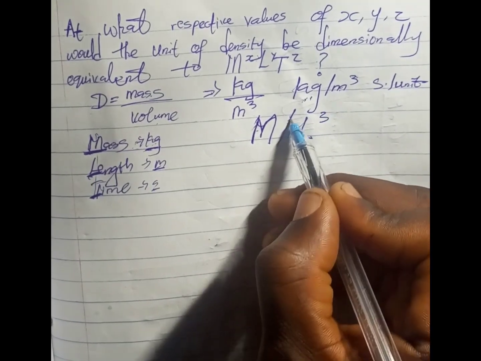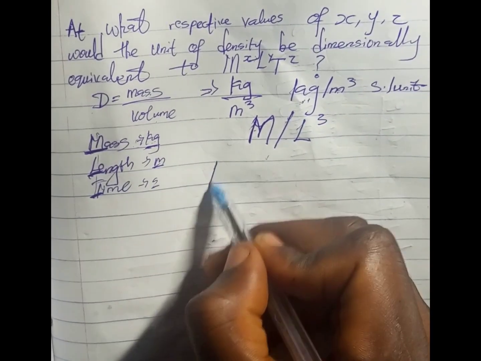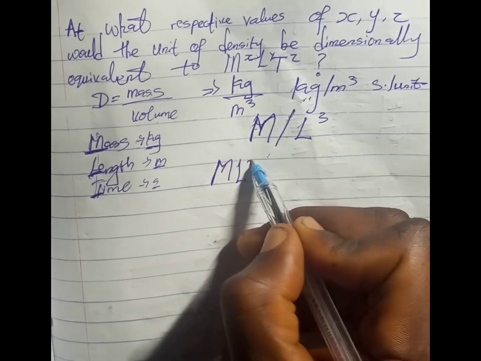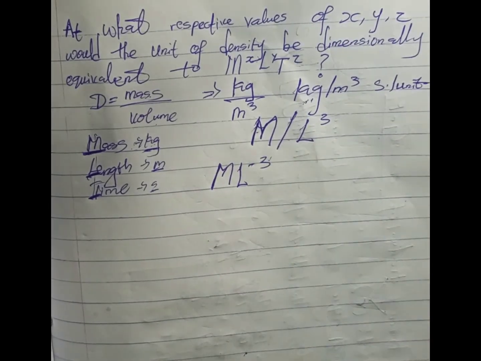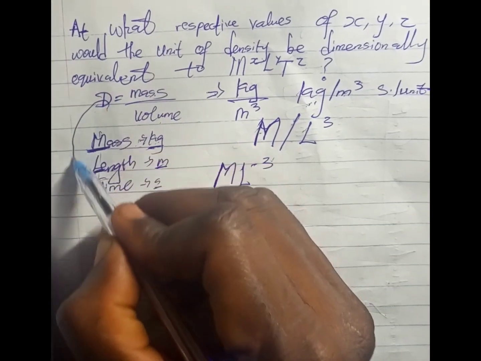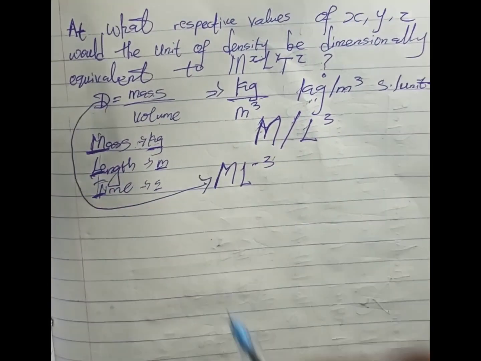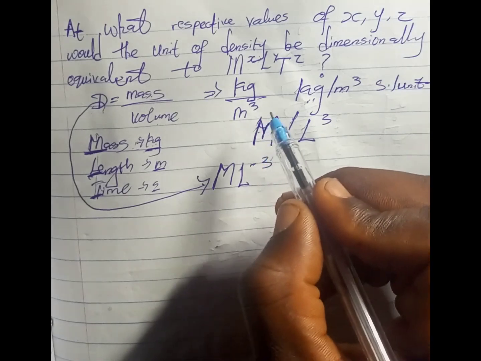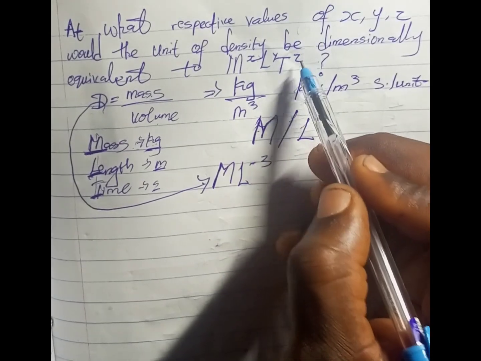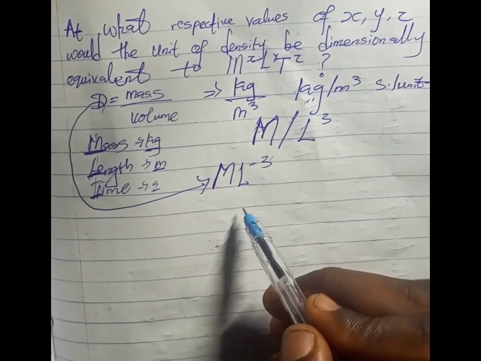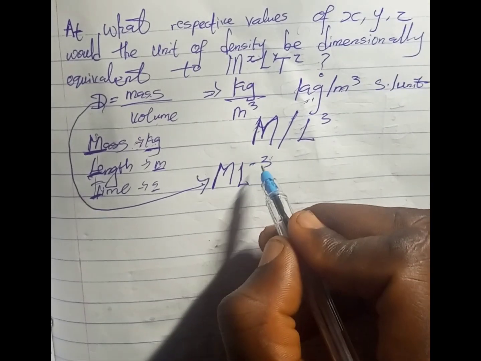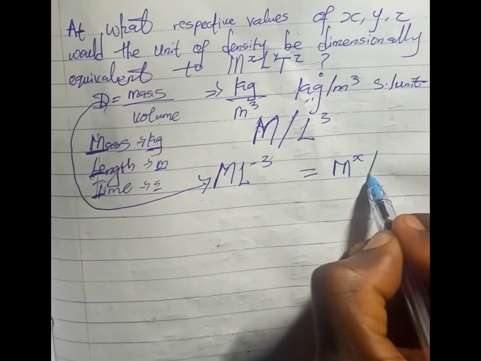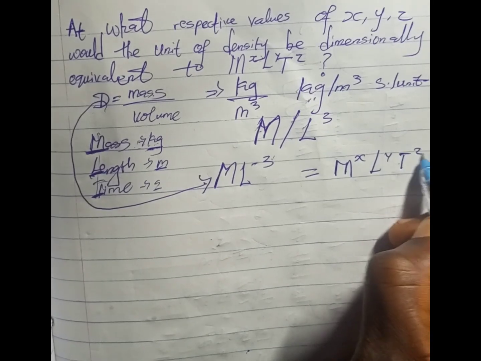So removing the units, it is mass per cubic length. This is the dimension for density. We are asked the respective values of x, y, and z, so we relate this formula to M raised to power x, L raised to power y, and T raised to power z.